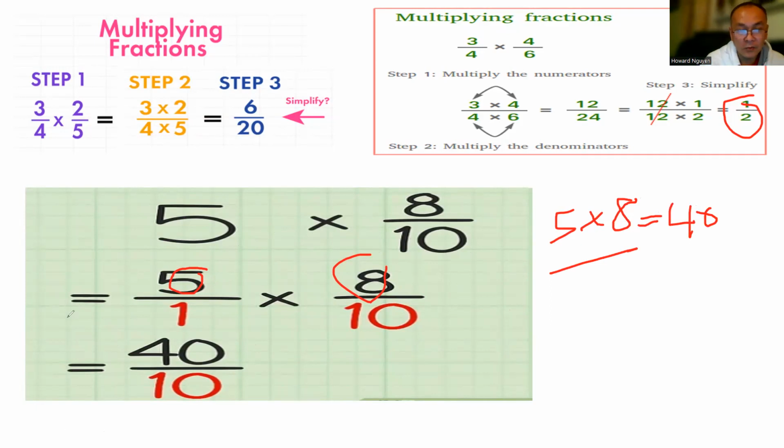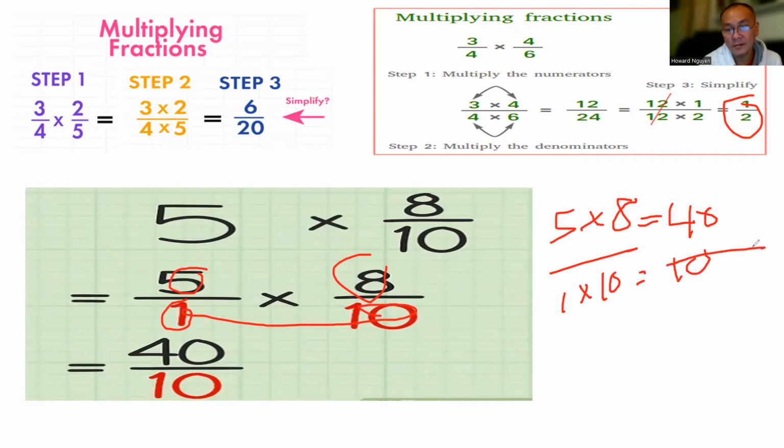Then you take 1 times 10, which is 10. Okay? So you can cross out the 0. 4 divided by 1 is 4. So your answer is 4.